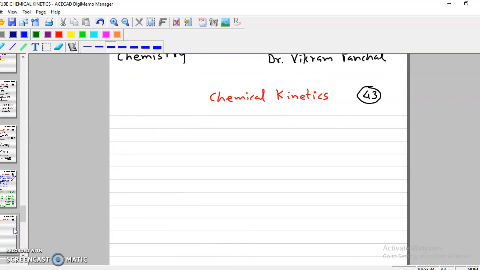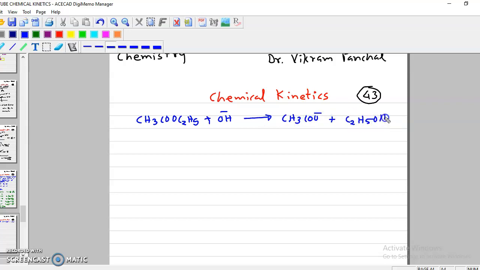Now the next numerical, of second order only. We will take the same example but in a different way. Ethyl acetate CH3COOC2H5 plus OH minus ion, that is NaOH in fact, gives CH3COO minus plus ethanol.